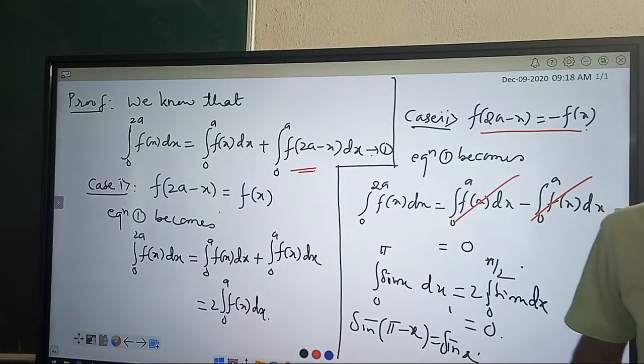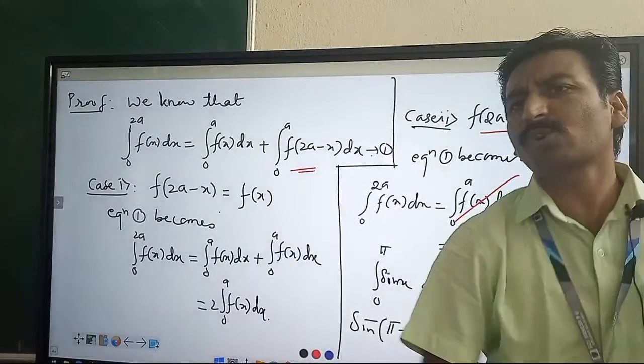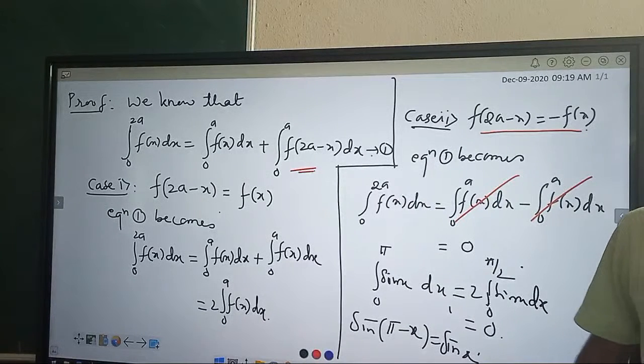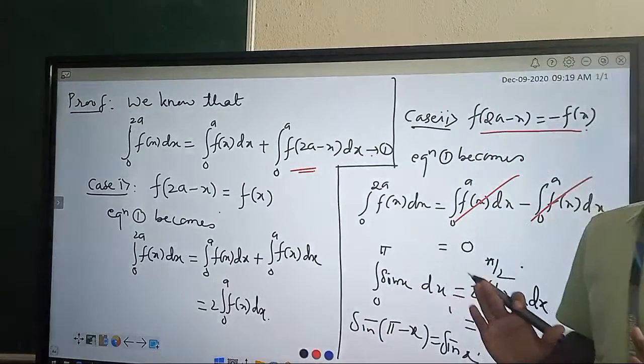Property understood. Cos pi minus x is minus cos x. Sir, why should I calculate all these things? Correct, no? Cos pi minus x is minus cos x, so the answer will be 0.